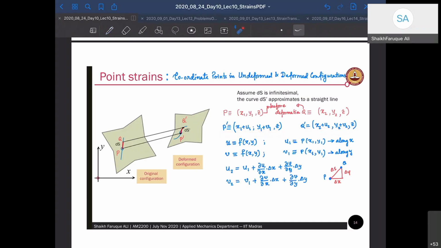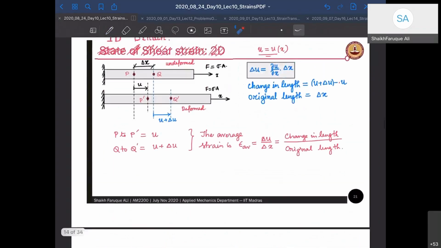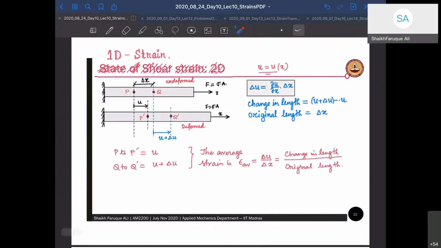Now P dash I can write like before. Like before I have written that this has moved by u. So now the position of P dash: it was initially x, so it will be x plus u, right? So the coordinates of P are x1, and coordinates of P dash are x1 plus u.